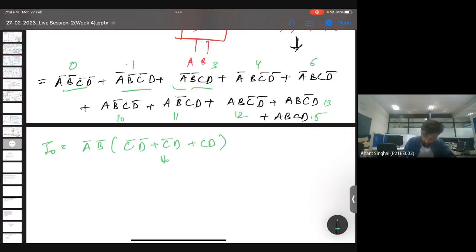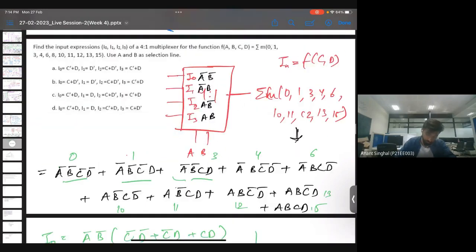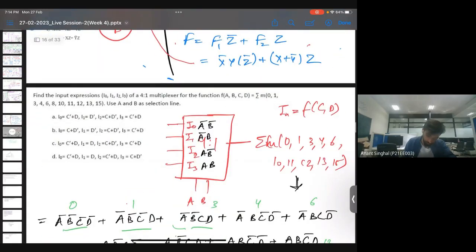So if I try to solve this and try to take common c bar, it will be c bar, d bar plus d plus c d. This will be nothing but c bar plus c d. And from the property, we know that this will be nothing but c bar plus d. So we got the I naught. So I naught is C bar plus D.